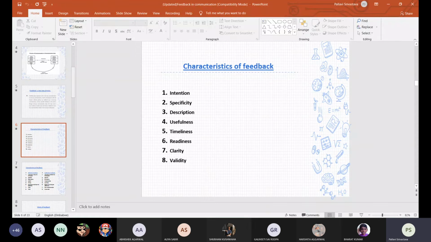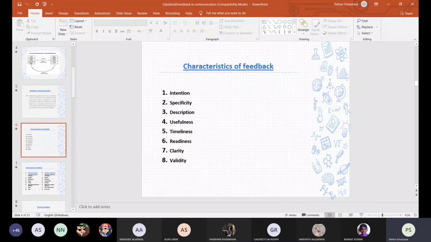In the same manner, there are times when people are not ready to take the feedback, especially when it is negative feedback. When you tell someone that they are creating problems or they are having problems, you have to be very tactful here. You should not try to impose your opinion on someone.